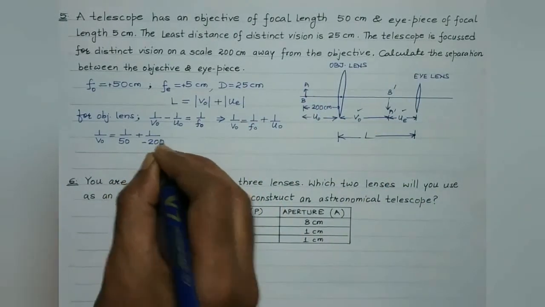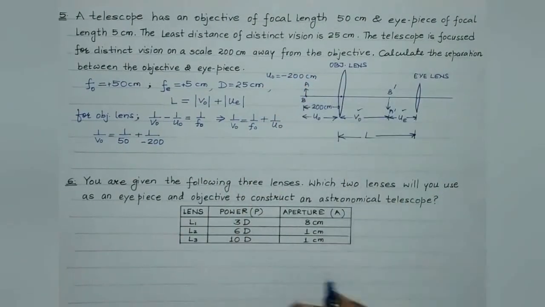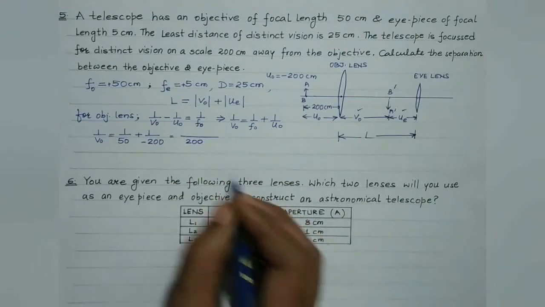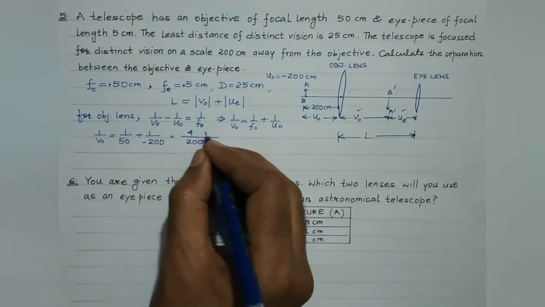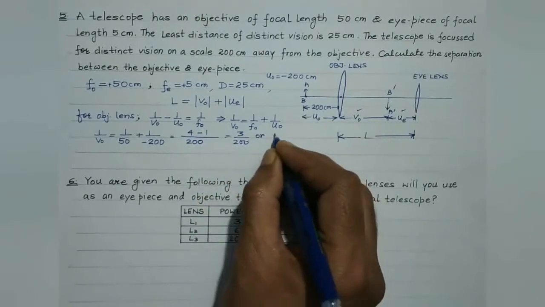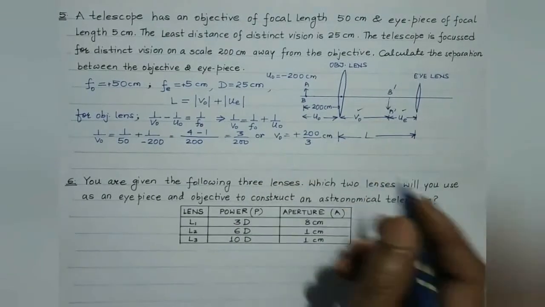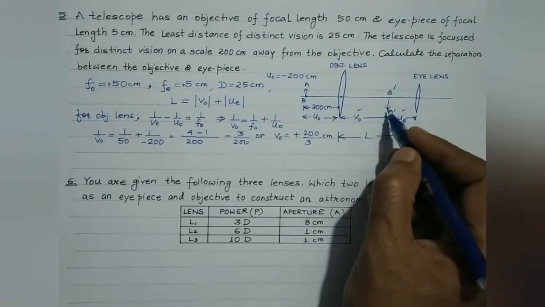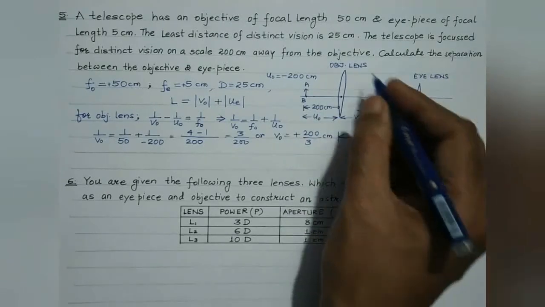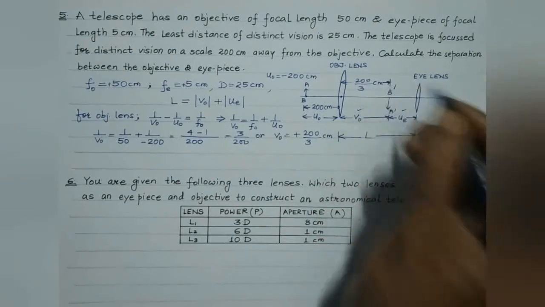So it is minus 200, right? Here U0 is minus 200 centimeter. So if you solve it, 200 will be the LCM. So over here we get 4 minus 1, that is 3 by 200, or V0 is equal to plus 200 by 3 centimeter. So obviously A dash B dash will be formed at a distance 200 by 3 centimeter from the optical center of the object lens on the other side as that of the object. So this distance is found to be 200 by 3 centimeter.